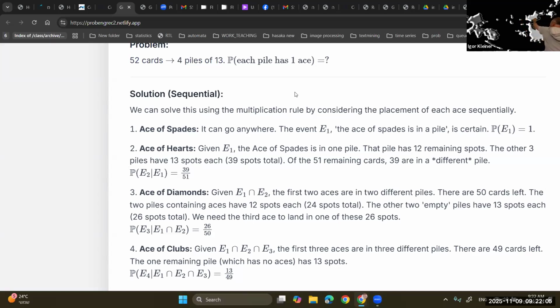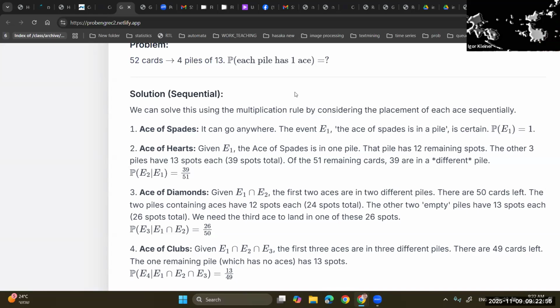So E2 is not a probability, it is an event.